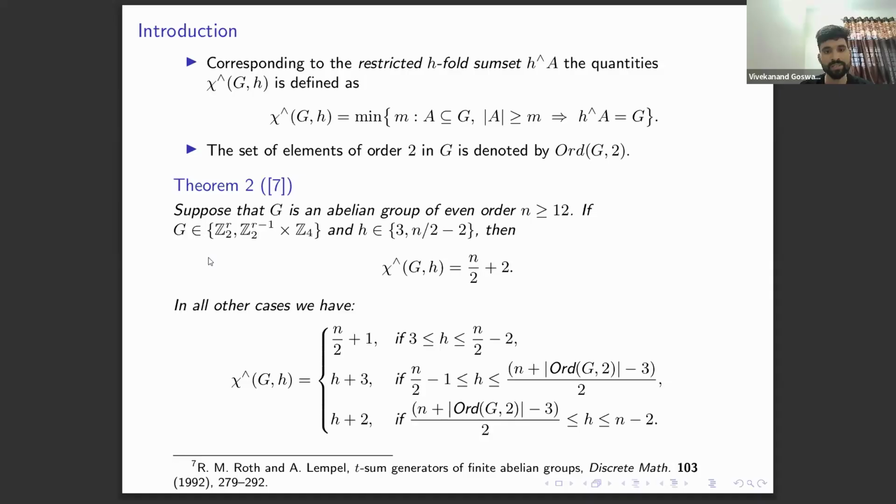If G is of the form Z_2^r or Z_2^(r-1) cross Z_4, and h is 3 or n by 2 minus 2, then chi hat (G,h) is n by 2 plus 2. And in all other cases, we have chi hat (G,h) is equal to n by 2 plus 1. Here G[2] is the set of elements of order 2 in G, and for the other remaining cases, it is h plus 2.